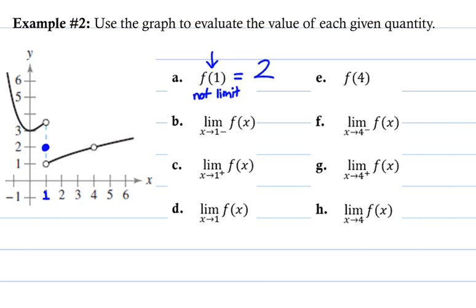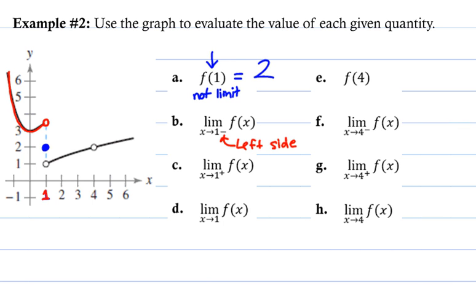B, the limit as x approaches 1 from the left side, because this negative means from the left side. So let's see. There's 1 still. Now I want to look at the part of the graph that is on the left side.